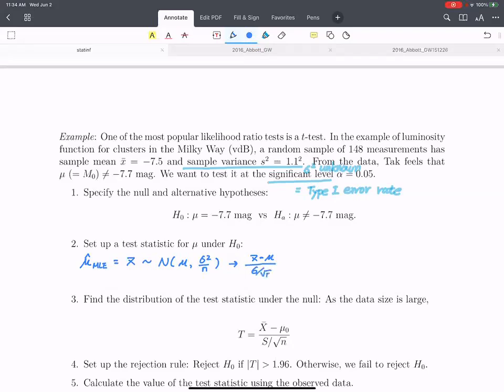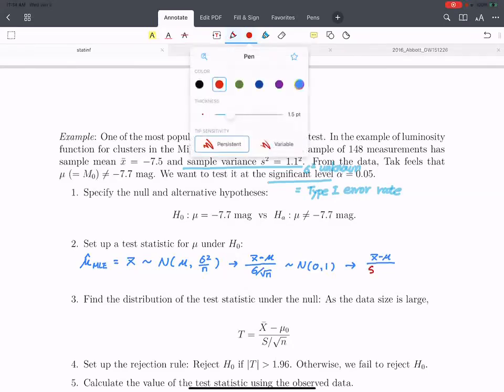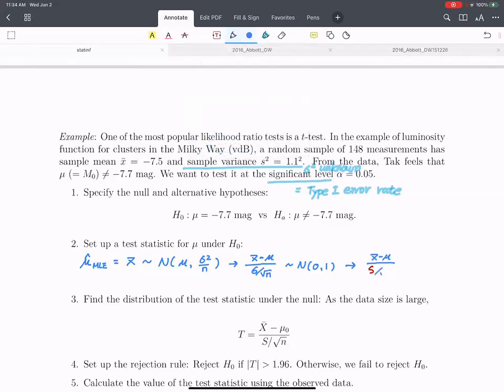Standardize: subtracting the mean, divided by the standard deviation, and we know that this is now standard normal. And then we replace the unknown quantity sigma with the estimate. So it'll be sample mean minus mu over sample standard deviation divided by square root of n, and now it is a t distribution with n minus 1 degrees of freedom.